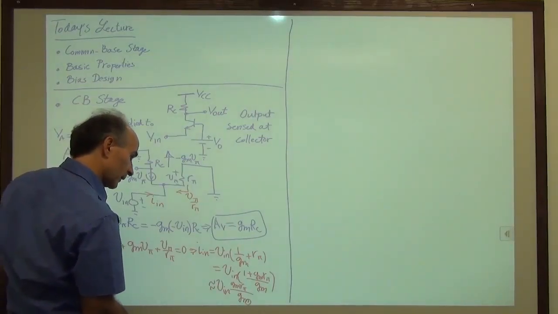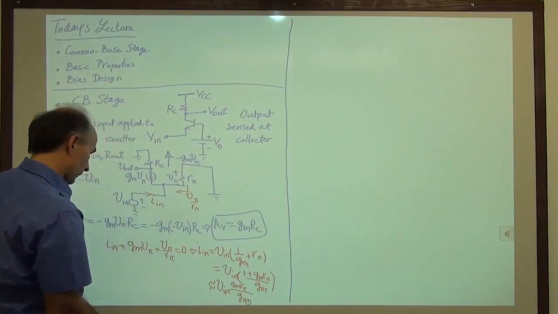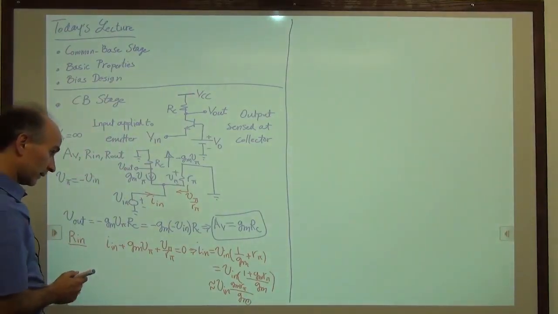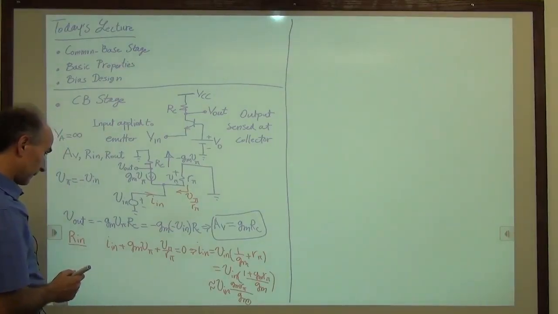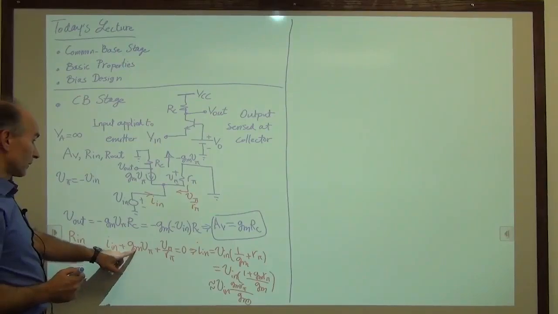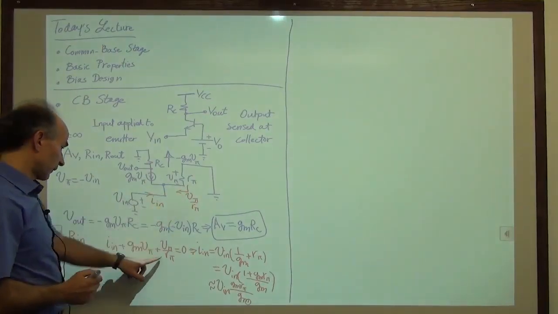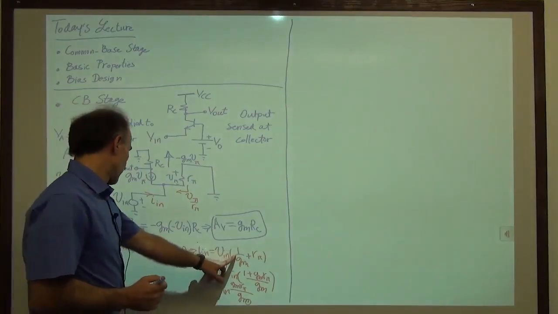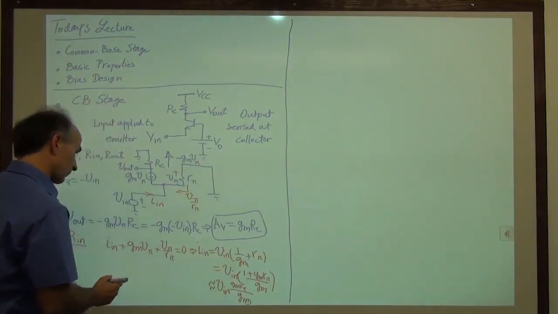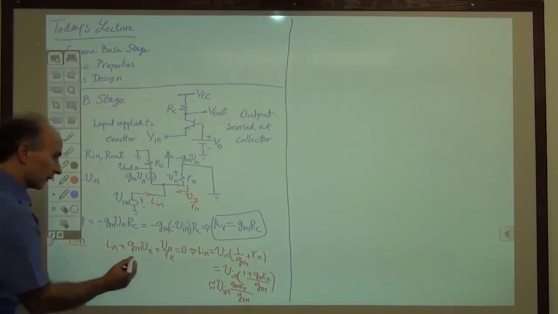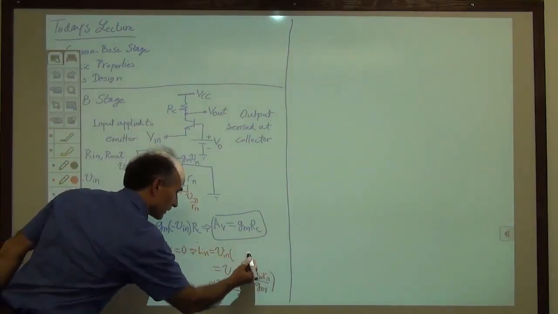Beta plus 1. Okay, let's see, we have a mistake here. I in is equal to plus gm V pi plus V pi over r pi equals 0. So we have 1 over gm. Oh, I'm sorry, I switched these around a little, so let me go back and correct these expressions here.